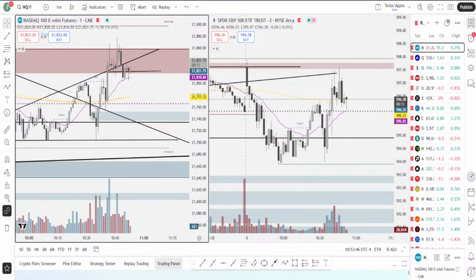Supply zone. Try it 3 times to break supply zone. Yes, sir. Try it a couple times.